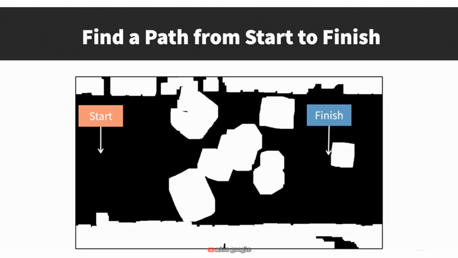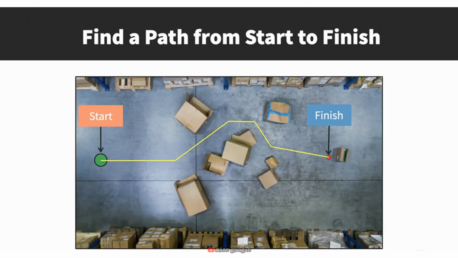The function also needs the start and finish points, and it will produce the path we need. Now don't worry about the narrow parts of this path or the near misses with the obstacles. Let's see how this path looks in the actual picture. As you can see, there's enough room for the robot to take the path safely.